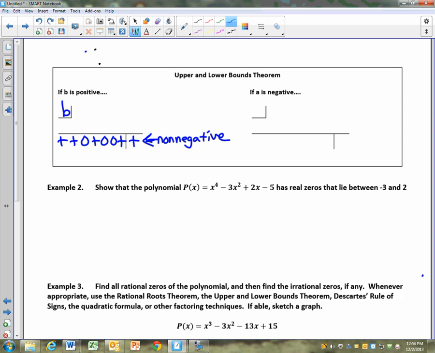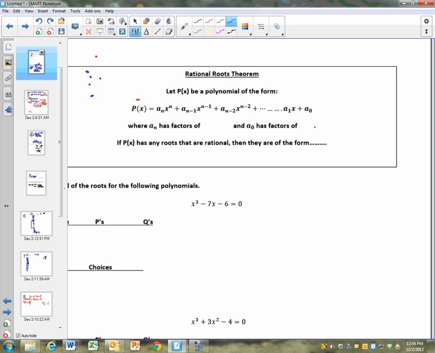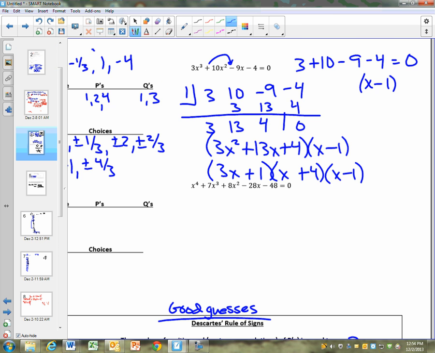But you get a non-negative result. If that's the case, then b is an upper bound. And by upper bound, I mean you shouldn't try any numbers bigger than b. So on my little drawing I had here, that would be like the number 4. 4 would be the biggest number that you would try. You wouldn't try any after that. So if you later do the synthetic division, you can tell that that's an upper bound and you shouldn't try anything else that's above it, okay?